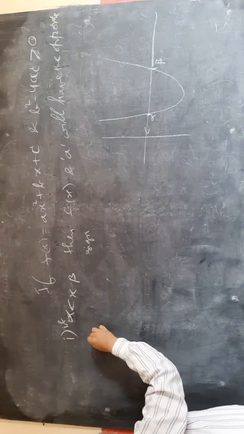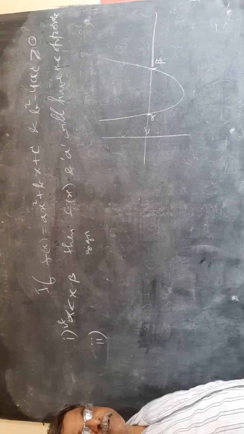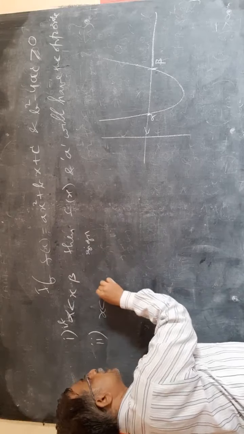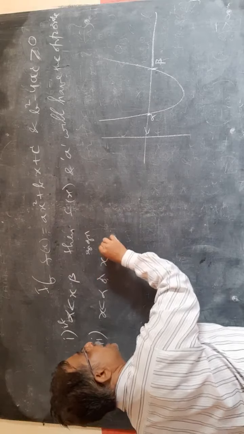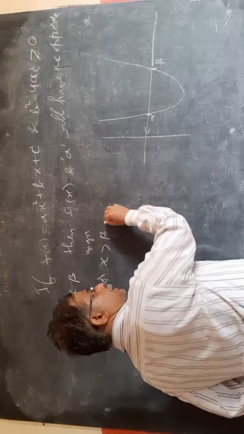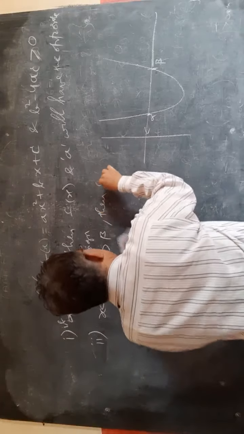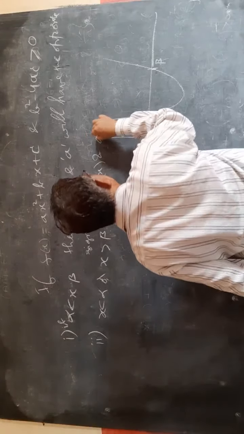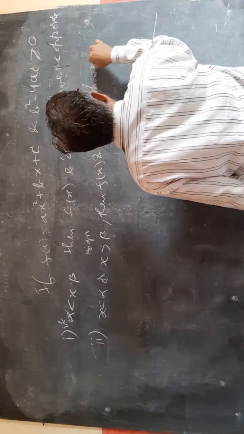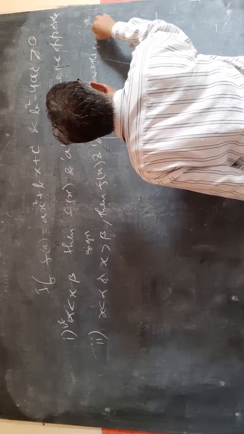If x does not lie between alpha beta, means x is less than alpha or x is more than beta, then f of x and a will have the same sign.